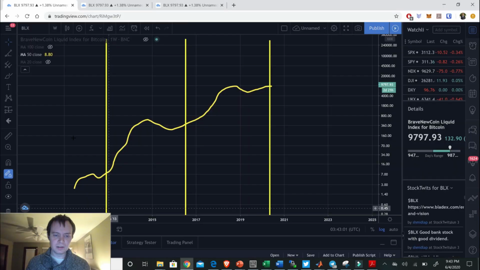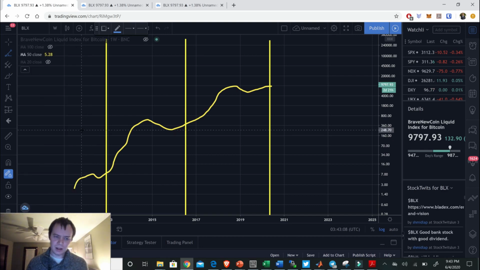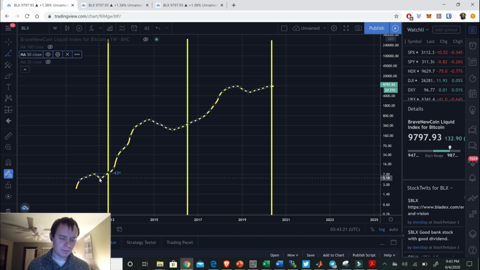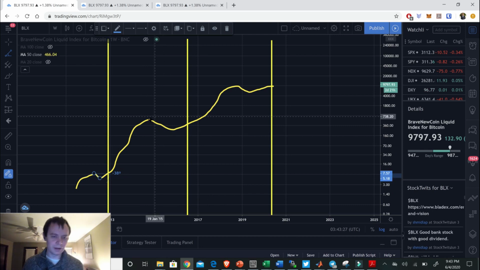So let's keep chugging along. One of the things I wanted to talk about here is let's look at trend angles. So the first thing we're going to do is just look at the downtrend. We're going to do this from the 50-week moving average. We're not looking at price. So let's take it from the peak to the bottom. This is around negative 38 degrees, not percent.